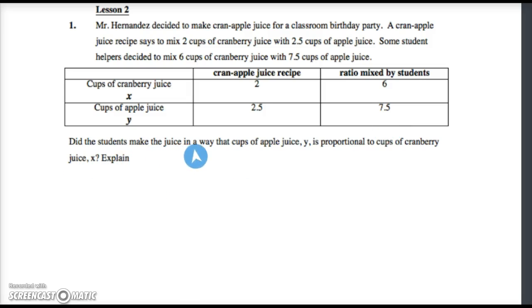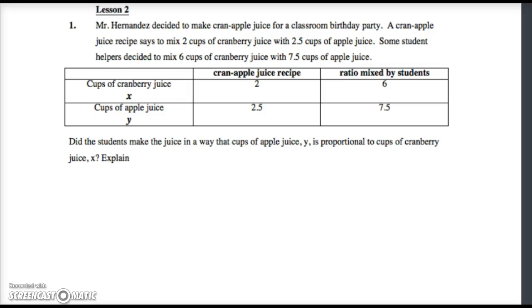The question is, did the students make the juice in a way that cups of apple juice Y is proportional to cups of cranberry juice X? Explain. So think, what would it mean if the students mixed the juice so that cranberry was proportional to apple?